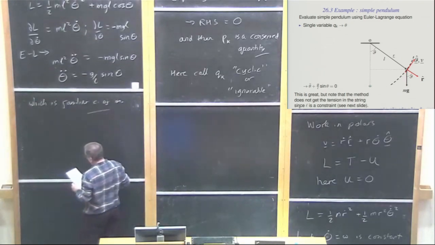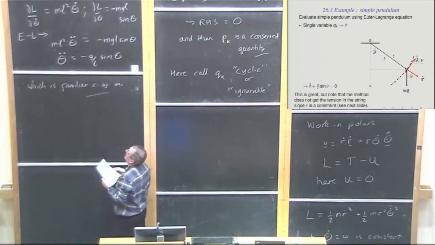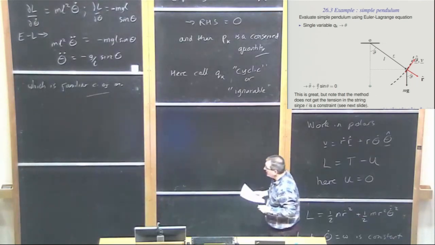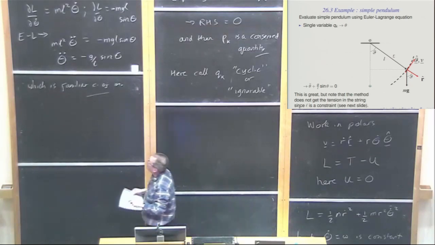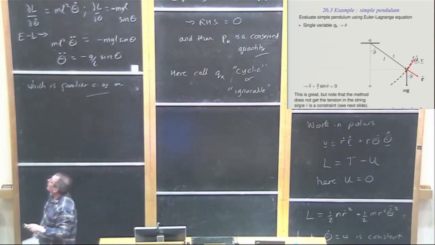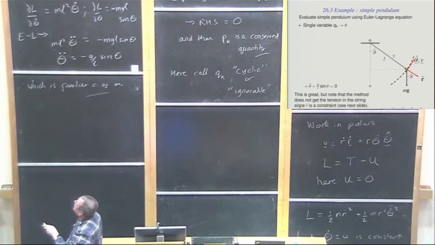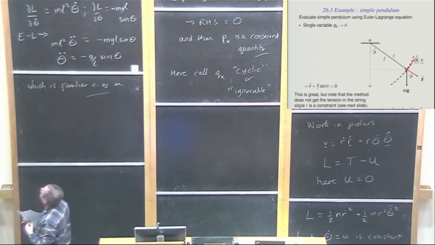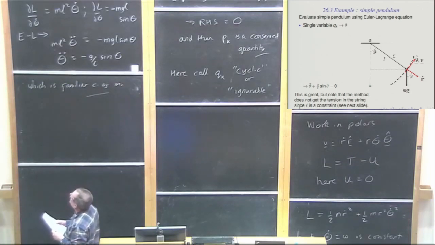Okay. But you might say, well, this is the primary thing we're interested in, but there are other things about this system which I might want to know about. In particular, what about the tension in the string? If I'm setting things up with forces and Newton's equations of motion, I know how to calculate the tension in the string.